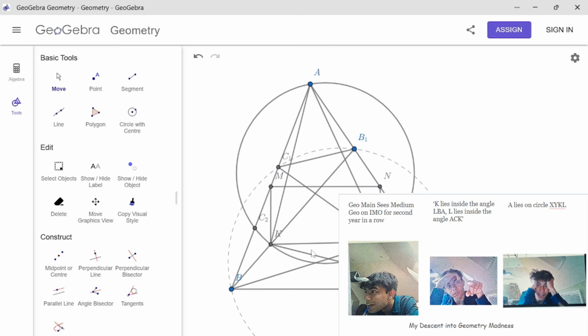This is crazy. This is mental. You forget about circle AKL. You work with circle AC2B2. You show BB1 as the radical axis of that, and then that tells you K is on it. That is mind-boggling. That is crazy.